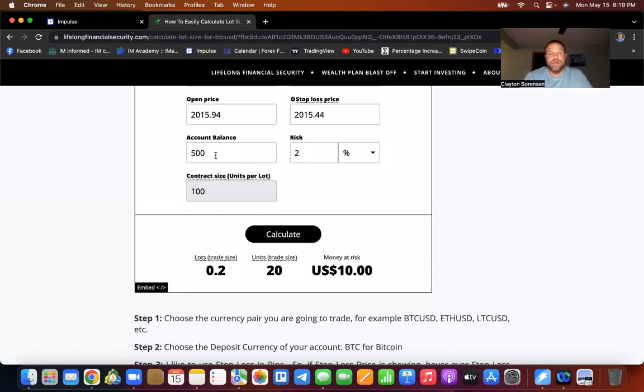Like here, you're good to go, 2% risk. If you're willing to gamble at 0.4, it's pretty simple math. This is the easiest way possible to figure this stuff out.